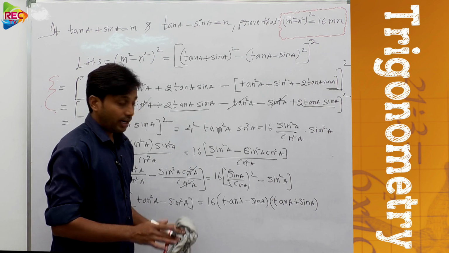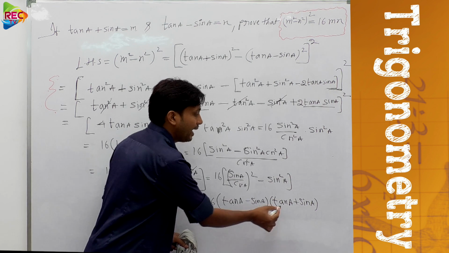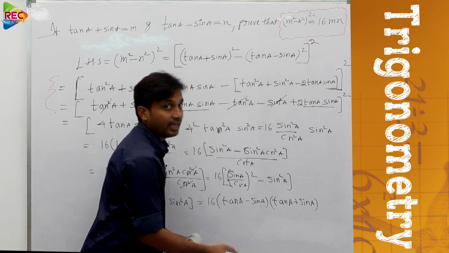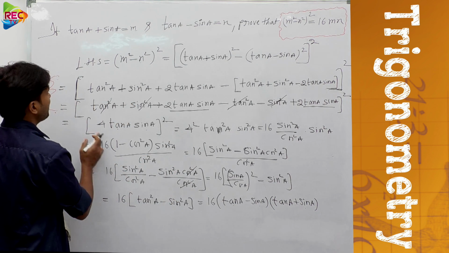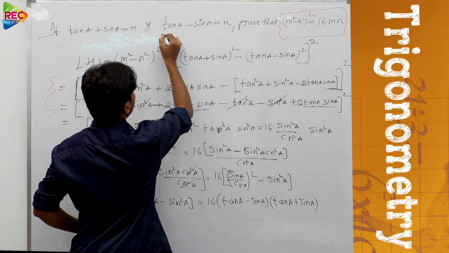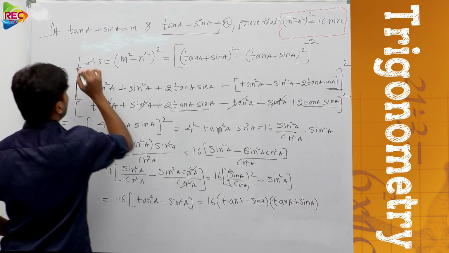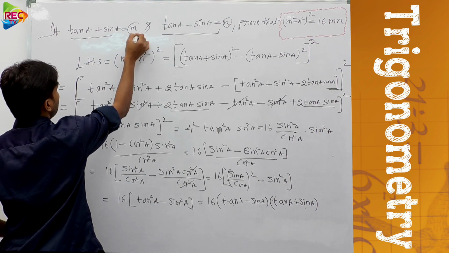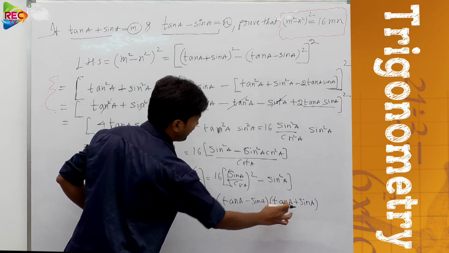Just try to identify what are the values of tan a minus sin a and tan a plus sin a according to the given information. What is the value of tan a minus sin a? Just see here, tan a minus sin a value would be how much? n or not? And what is tan a plus sin a value? Is it m or not? Can we replace this expression with m and n or not?